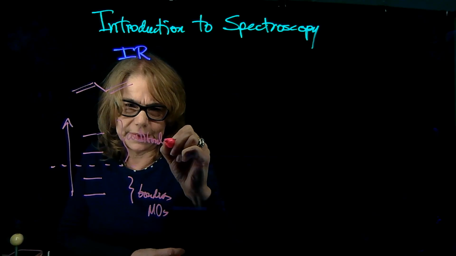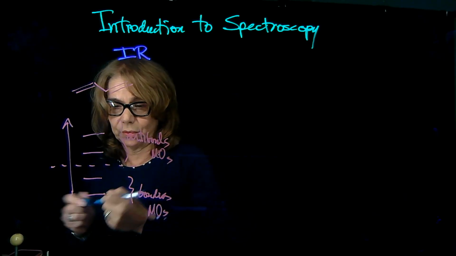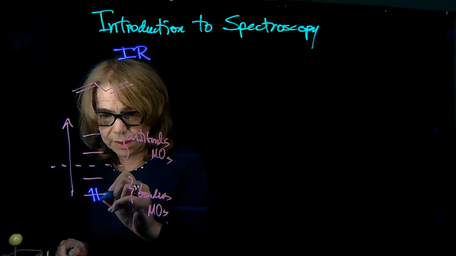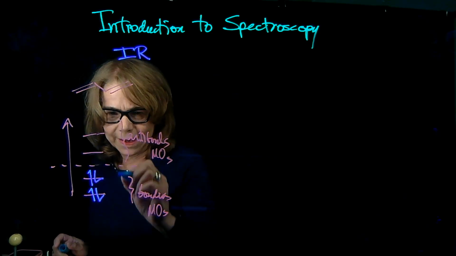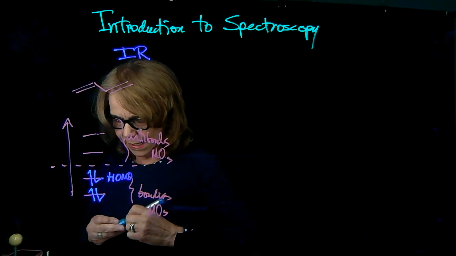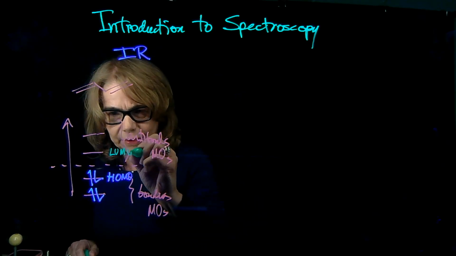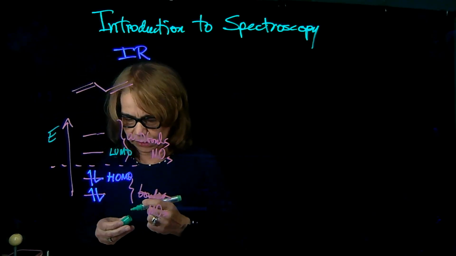For butadiene, the 2 lowest-energy orbitals are occupied. This is my HOMO, the highest occupied molecular orbital, and the next one is the LUMO, the lowest unoccupied molecular orbital.